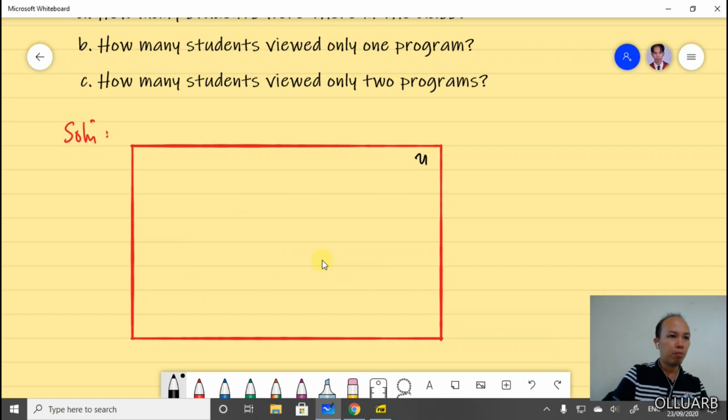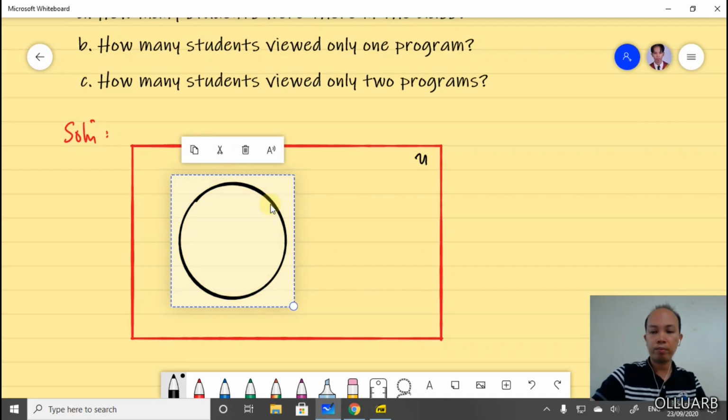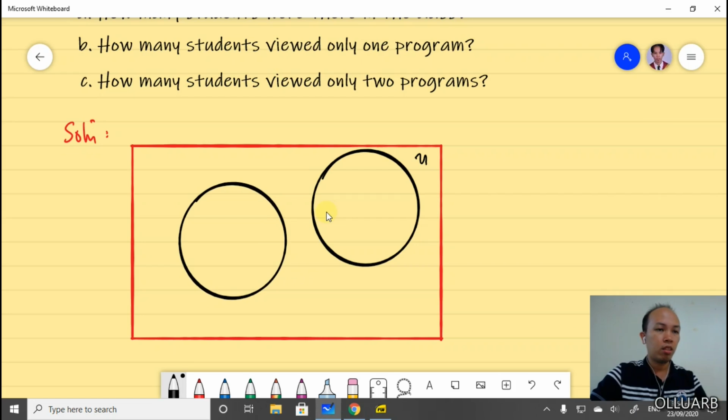Sorry, I cannot make a perfect circle. You can make a square or a triangle, but that will be more troublesome in the diagram.